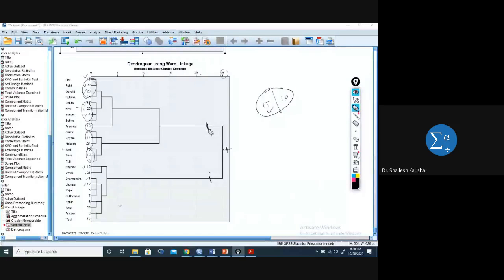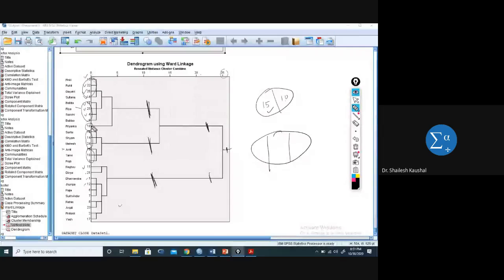Now if I further divide into three clusters, one cluster, second cluster and third cluster, how many people are in cluster 1? You can count this one, or count from above: 1 2 3 4 5 6 7 8 9.